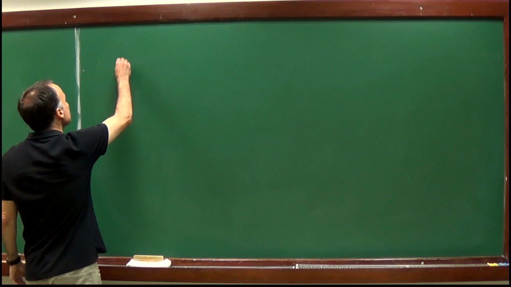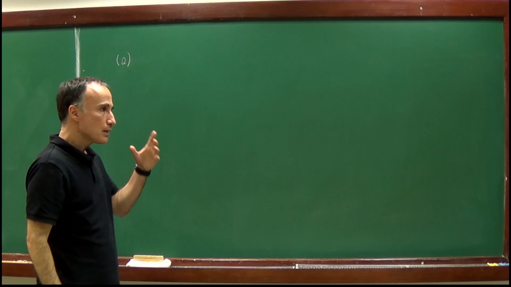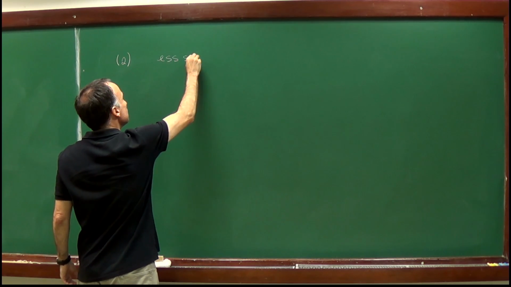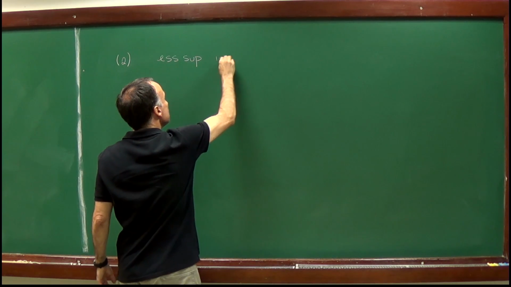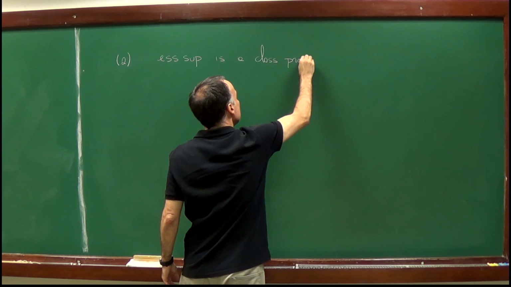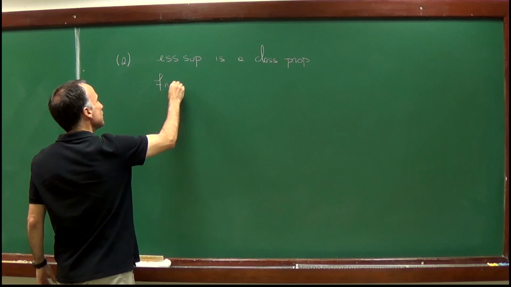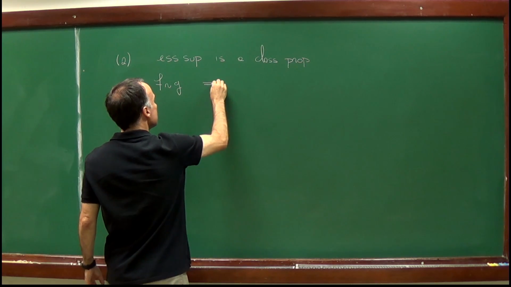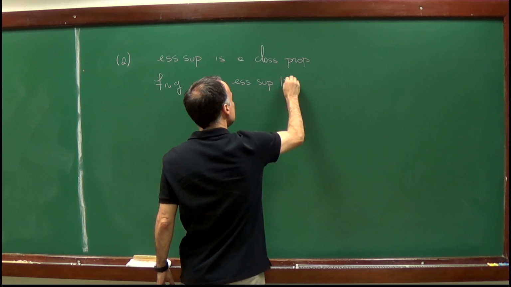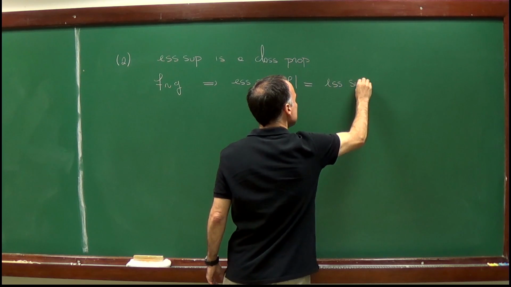The second property I want to show is that the essential supremum is a class property, in the sense that if I take two functions f and g which are equivalent, then the essential supremum of f is equal to the essential supremum of g.